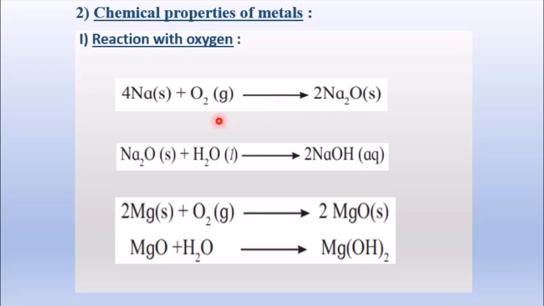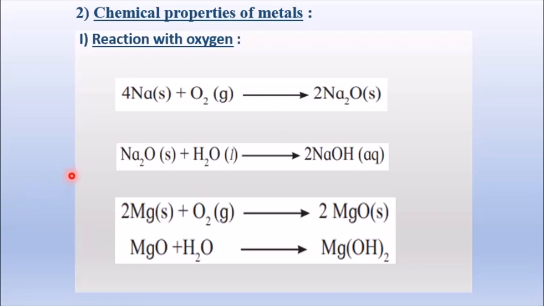Now sodium is highly reactive, and that is why it catches fire very easily when it combines with oxygen. So we keep sodium in kerosene so that any accidents can be prevented.